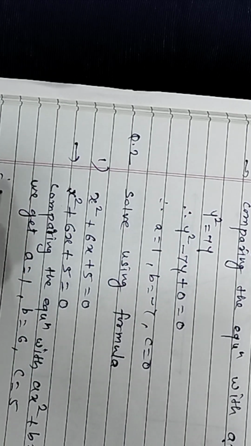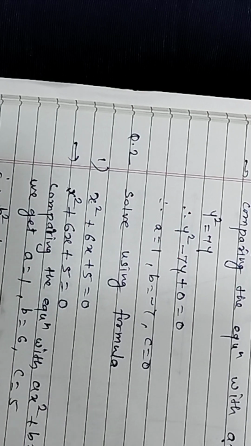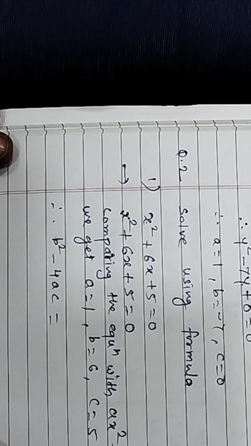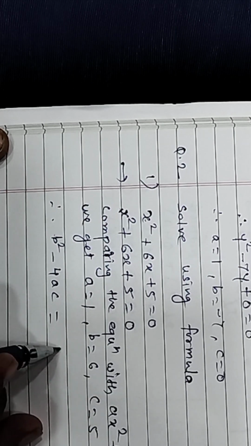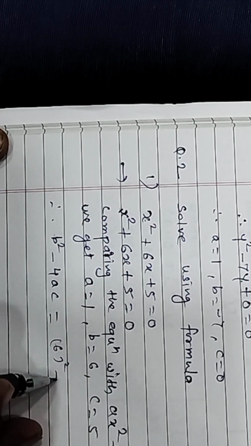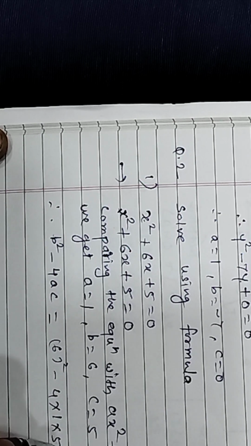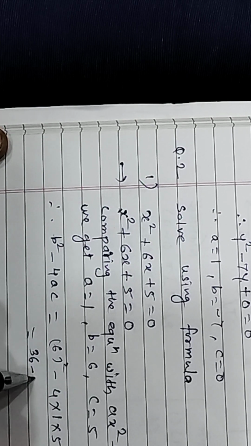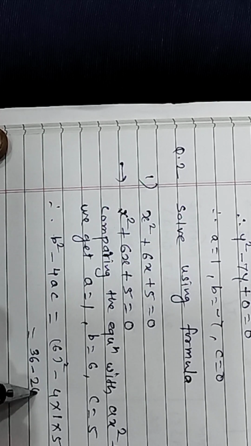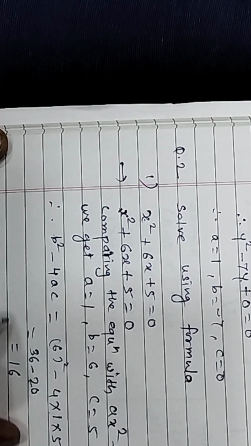Here we get the value of b square minus 4ac is equal to 6 square minus 4 into 1 into 5, that is 6 square, 36, minus 20, 4 into 1 into 5, that is 20, is equal to 16.